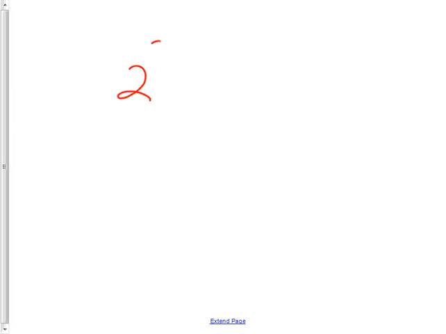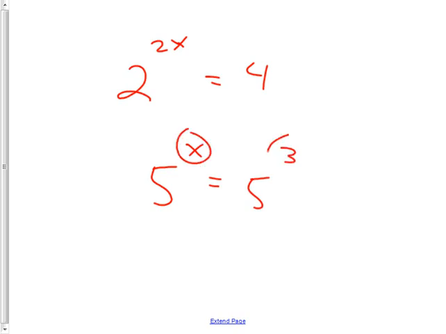And this is going to come up again today. If you had 2 to the 2x equals 4, you could solve that if the bases were only the same. Because if you had a situation like 5 to the x equals 5 to the third, then of course x would have to equal 3. If the bases are the same, then the exponents have to equal each other. So back to this problem.